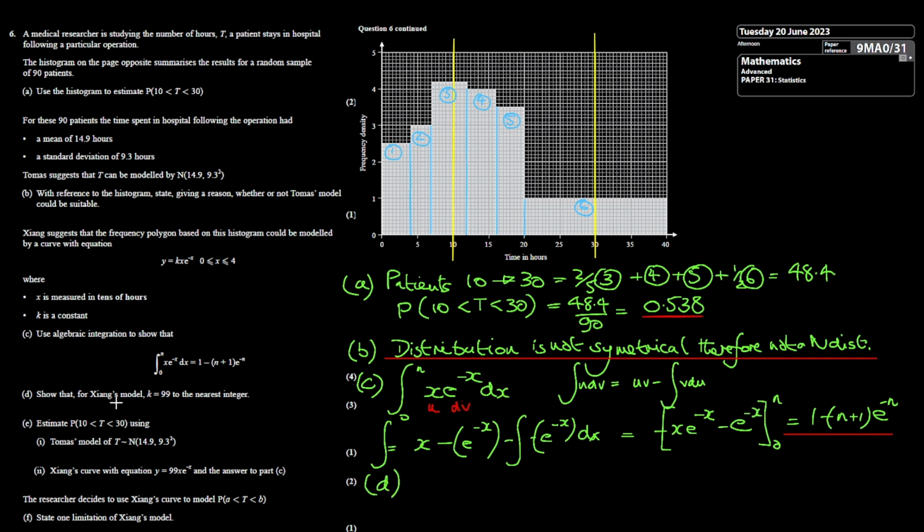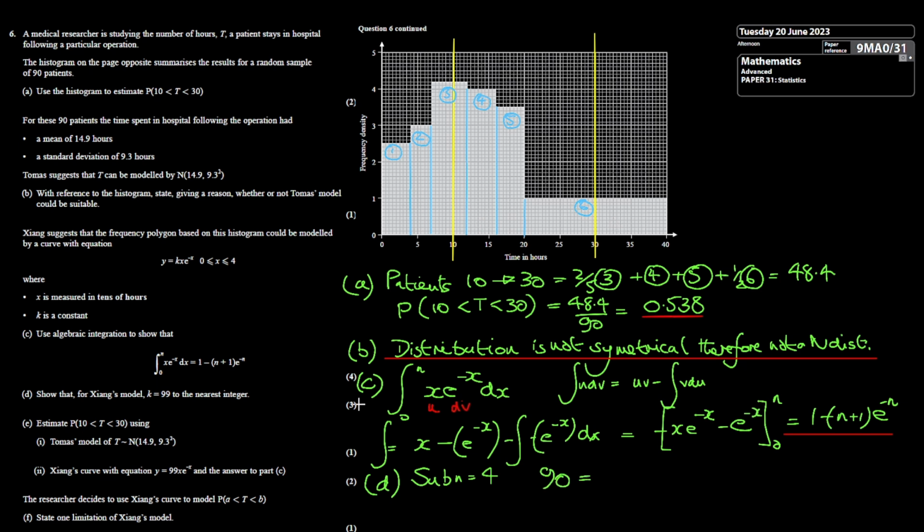And in part D, we've been asked to show that this model produces an answer for k to be 99. So the answer we got for part C is the area under the curve from 0 to n. So if I wanted the area under the curve from 0 to 40, I would substitute n is equal to 4. And we know the real area under the curve is 90.